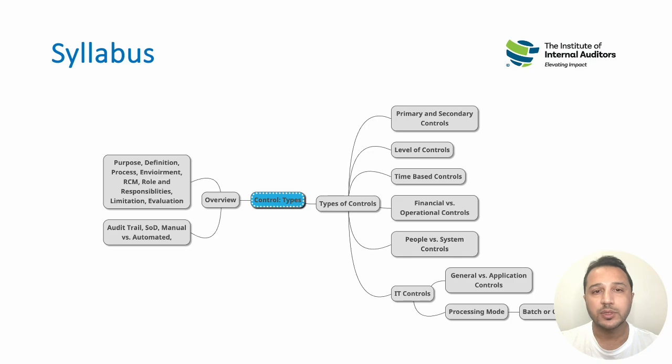Time-based controls, financial and operational controls, people or system controls, and in the end we will talk a little bit about IT controls. In IT controls we have general controls and application controls, and we need to know what the processing modes are in an IT environment. So this is the overall summary of the entire topic that we will be covering in today's video.